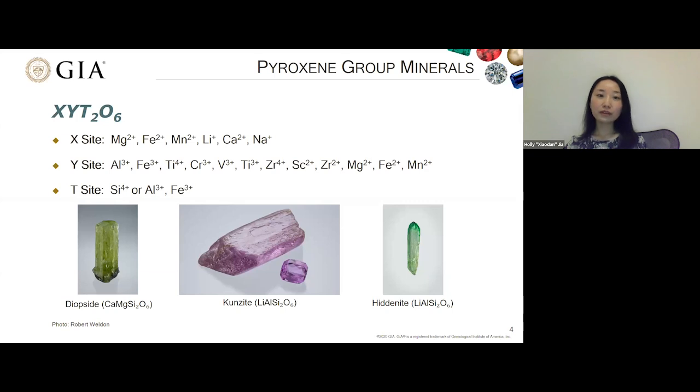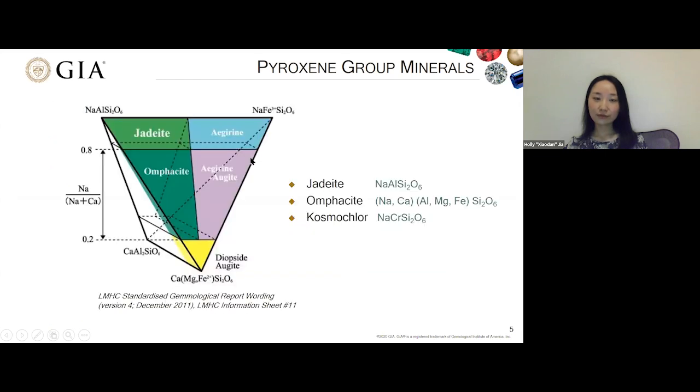What we will look into today would be the sodium and calcium-rich pyroxenes. This ternary graph shows the classification for some of the sodium and calcium-rich pyroxenes. As you can see, jadeite at this top left corner is an end member that's rich in sodium and aluminum. At the bottom end, we have diopside and augite that are both rich in calcium.